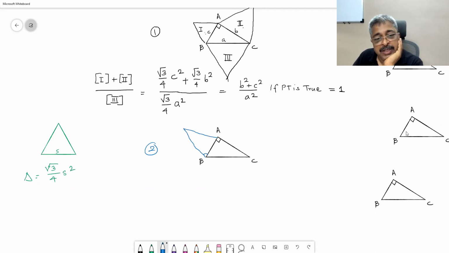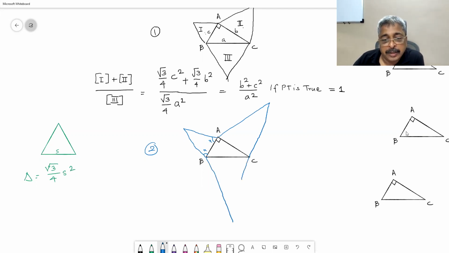And suppose this angle is x, this angle is x, and this is 180 minus 2x. Okay, and I maintain these two angles. I make angle x only and angle x only, but I am ensuring that they are isosceles.